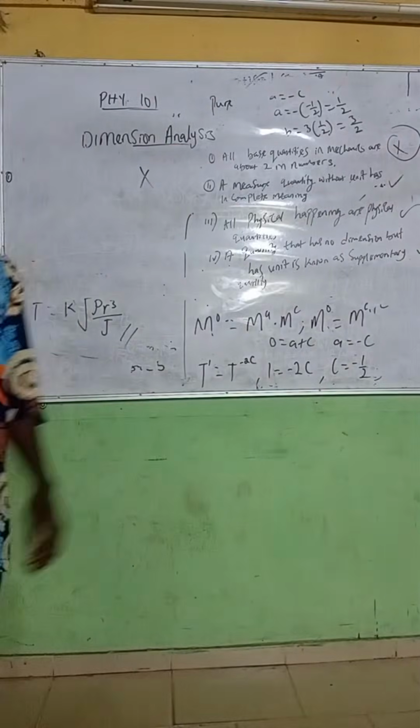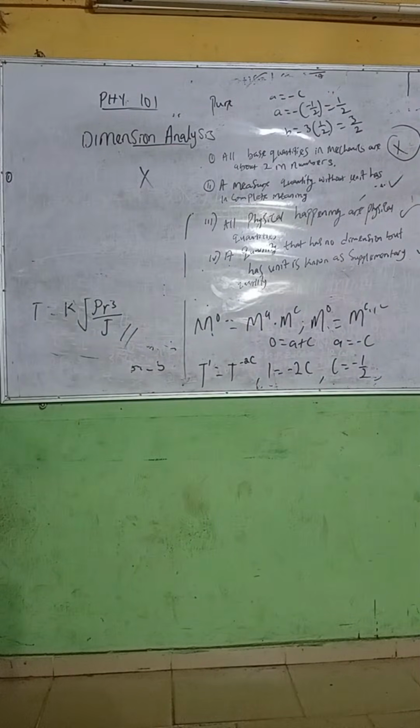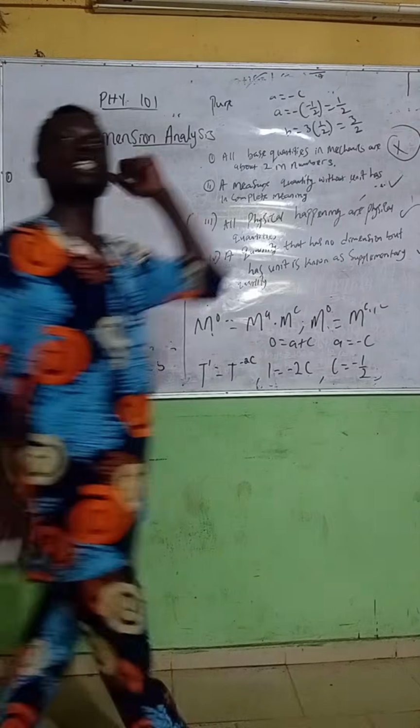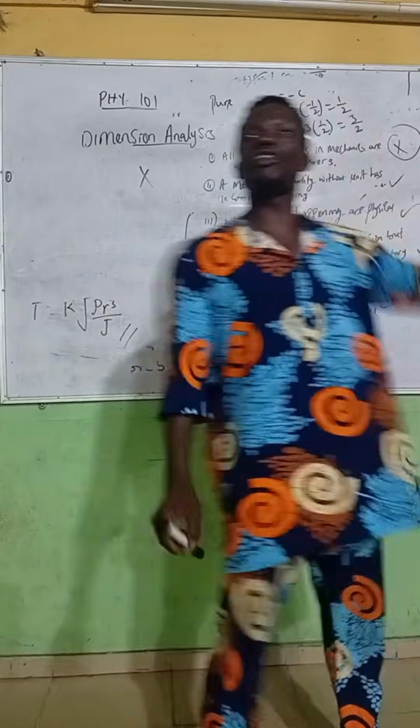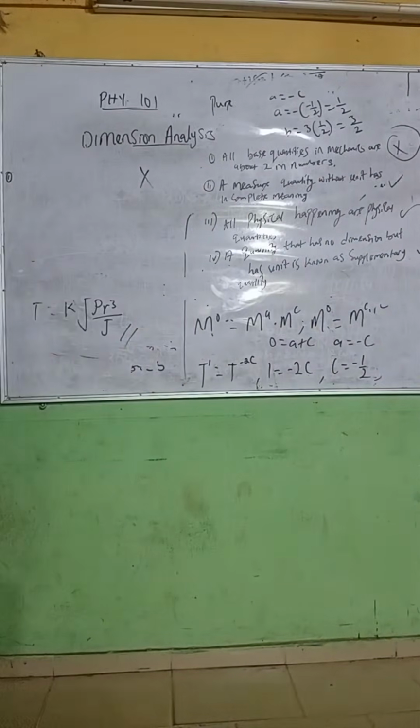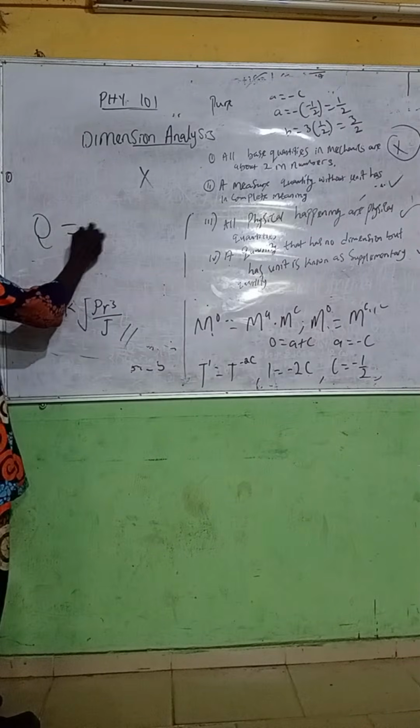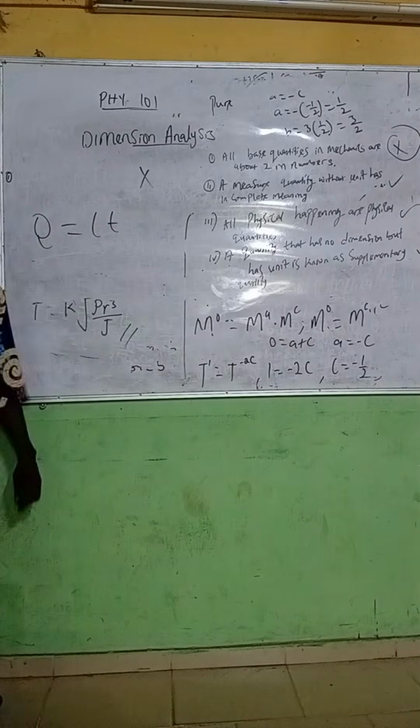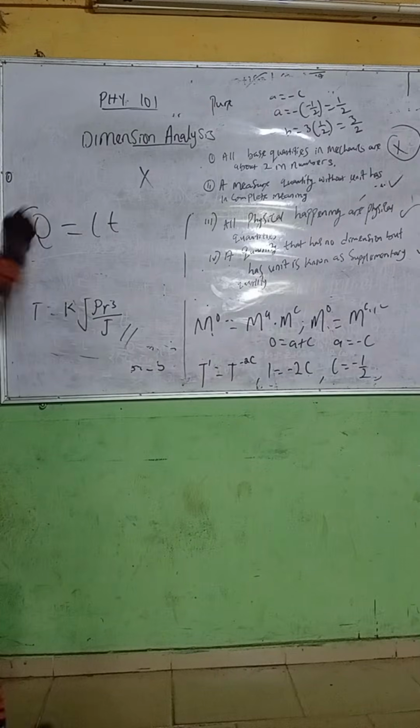Charge actually depends on current, because a current needs to pass through a circuit before you can store a charge. And we also have Q equals IT. But it's still correct.